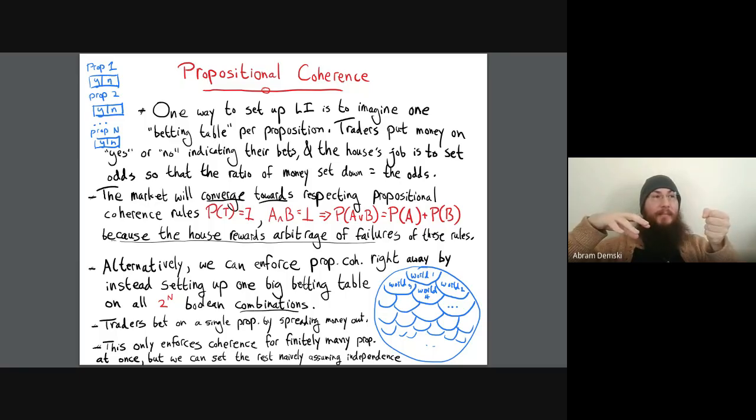And so somebody else needs to put down double your money so that if you win that bet, then what you take is triple your money, so that the house doesn't have to pony up any money. The house is setting the odds so that the traders are just trading with each other, so that the house doesn't have risk.